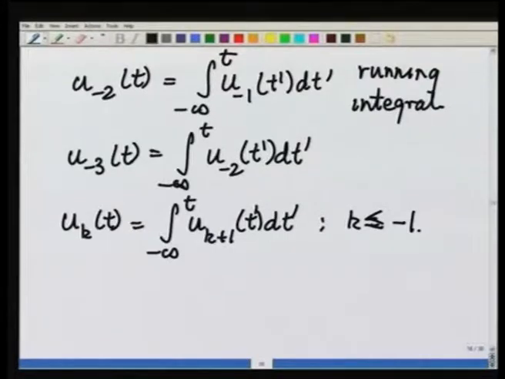So, this is one family of signals that we will use. The unit step and the unit ramp are the ones that we will most frequently use. The higher members of the family will not come to our use very often.